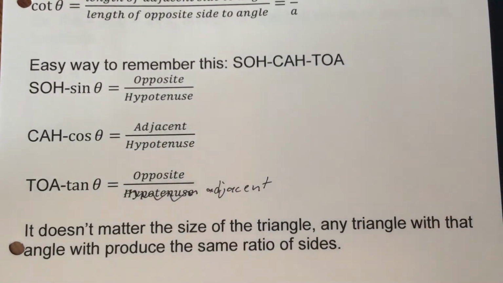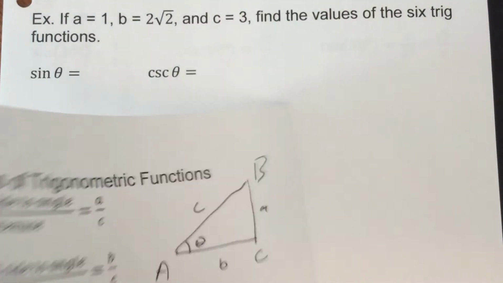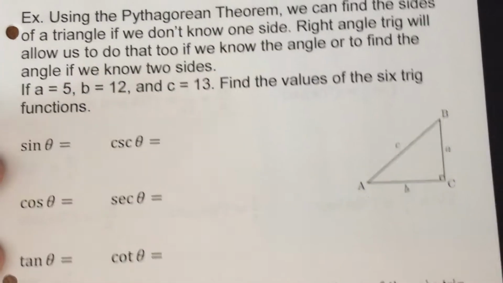Any of those. Anyways, the point is, it doesn't matter the size. You're going to get the same ratios no matter what. So that's where the trig functions come in. So we're going to use those and find some problems out.